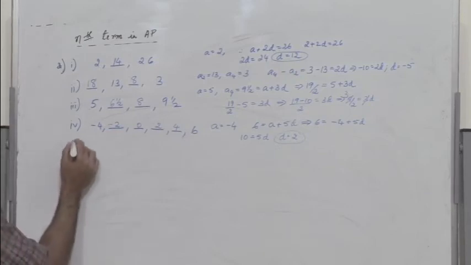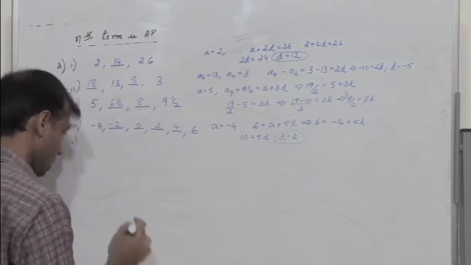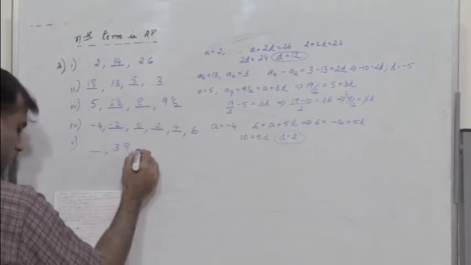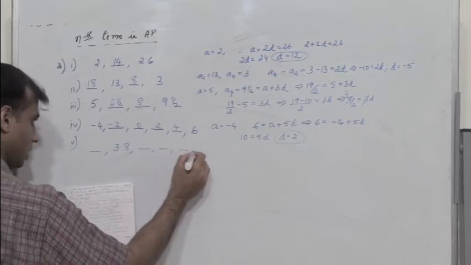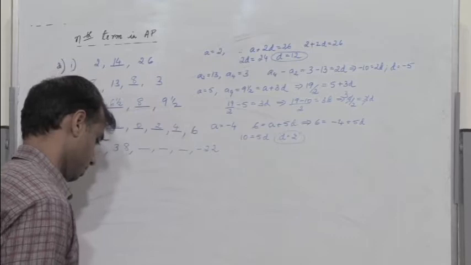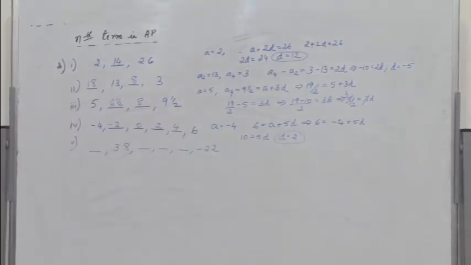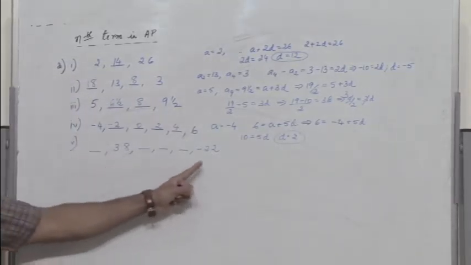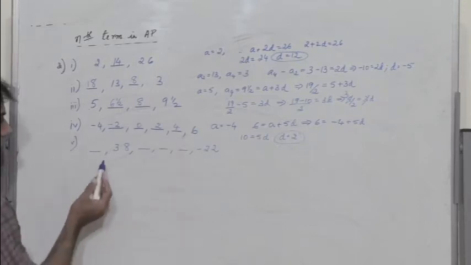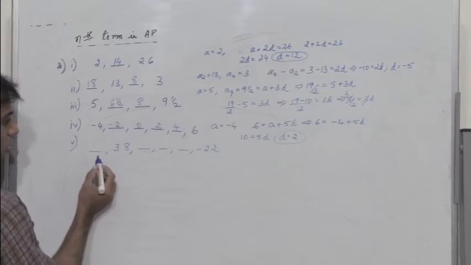The next one, the fifth one, you have a blank, 38, blank, blank, blank and then minus 22. Alright, so here we have 38 and we have minus 22. So therefore this is the second term. This is 1, 2.